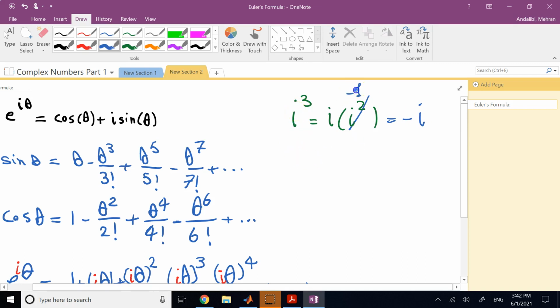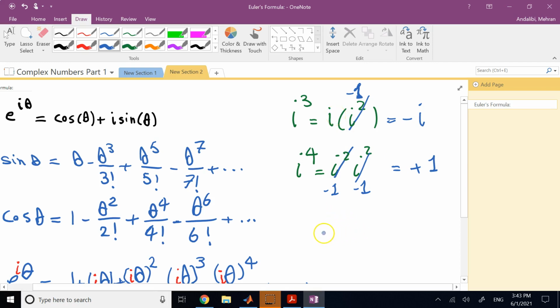What about i to the 4? Well, i to the 4 is i squared times i squared. And they are both -1 each, so it is going to be +1. If you keep going in general, you can show that this pattern would repeat.